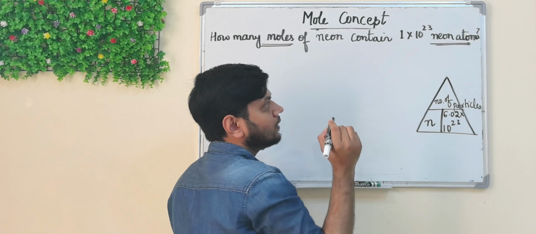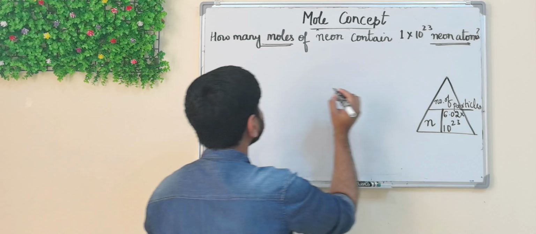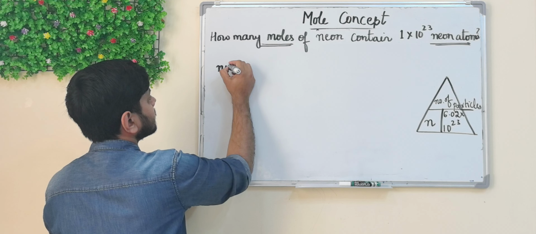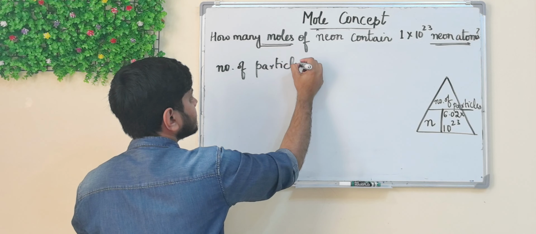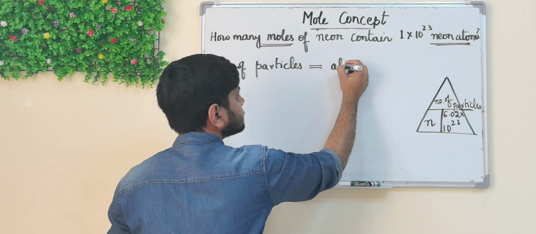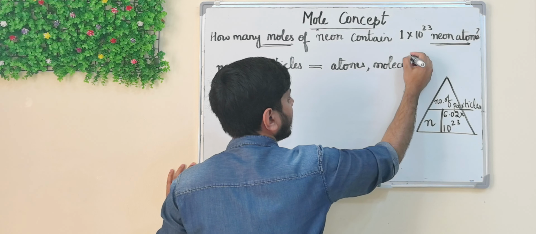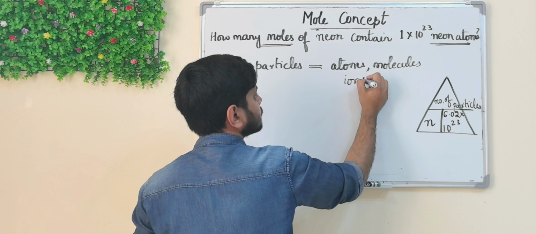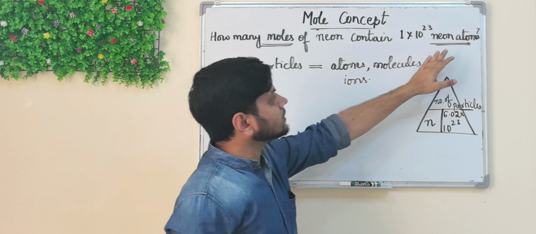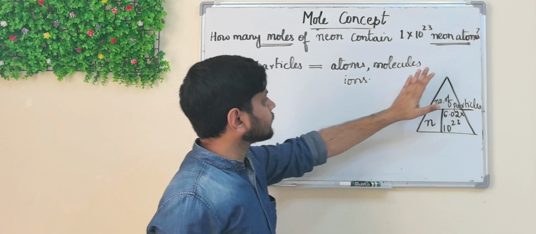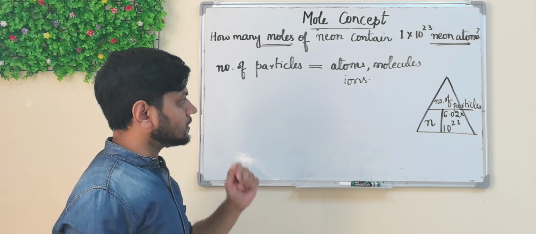So kindly understand here, when we say number of particles, these particles can be atoms, molecules, or ions also. So depending on what they have called, we have to calculate. Here in this question they have given the number of atoms, so we are going to write number of atoms instead of number of particles in the formula.